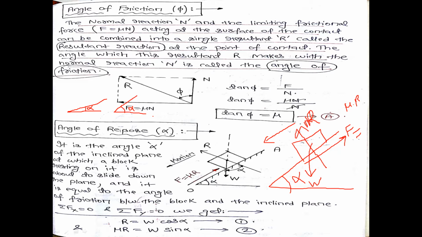Again, if you increase the value of alpha, say this is the condition of the inclined plane alpha. Fine. So now you tell me, if I keep the angle of the inclined plane very small, will the body slide down the inclined plane? Yes or no? Or if I make the angle of inclination alpha very high, then only the body will slide.